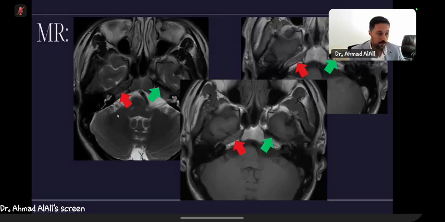As you can see in T2 images, there is loss of signal void on the right side, with loss of signal void also on the T1 weighted images on the bottom, and on the upper right this is the post contrast T1. You can also see the loss of the post contrast signal void on the right side. So your first diagnosis was the correct one.